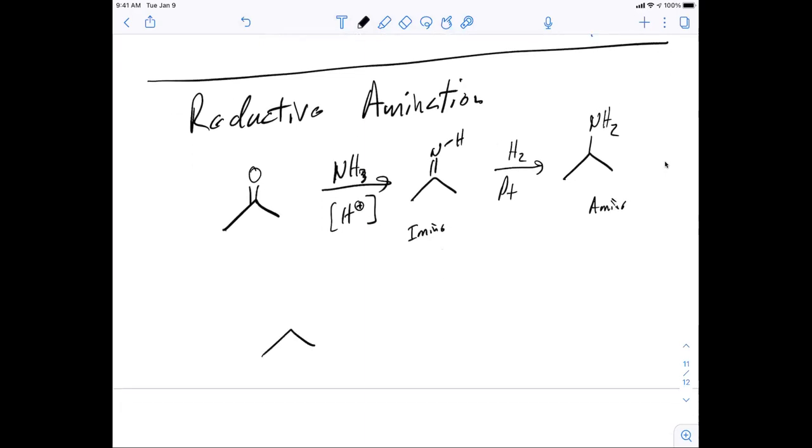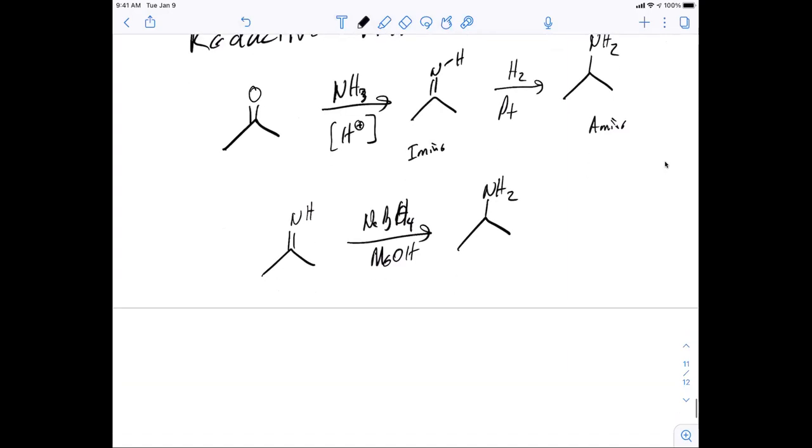We could also do that, or there's a special reagent, and the special reagent allows us to do this all in one pot.